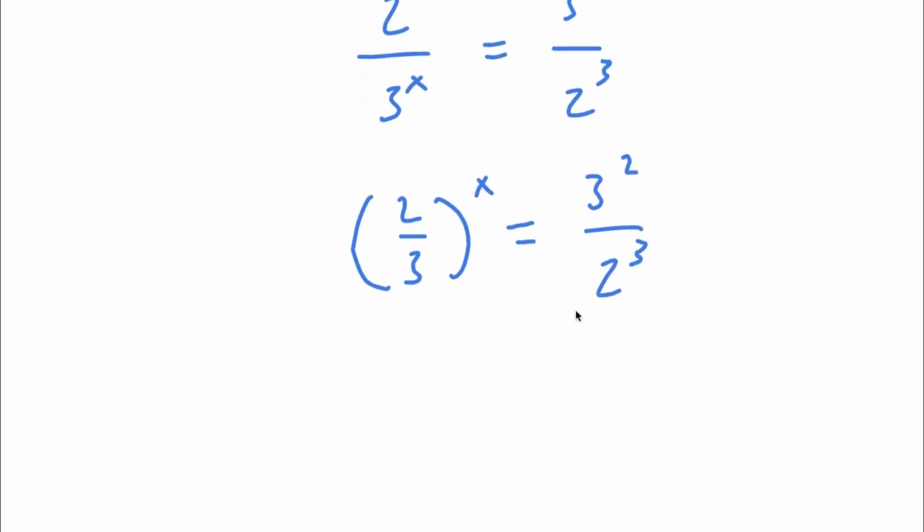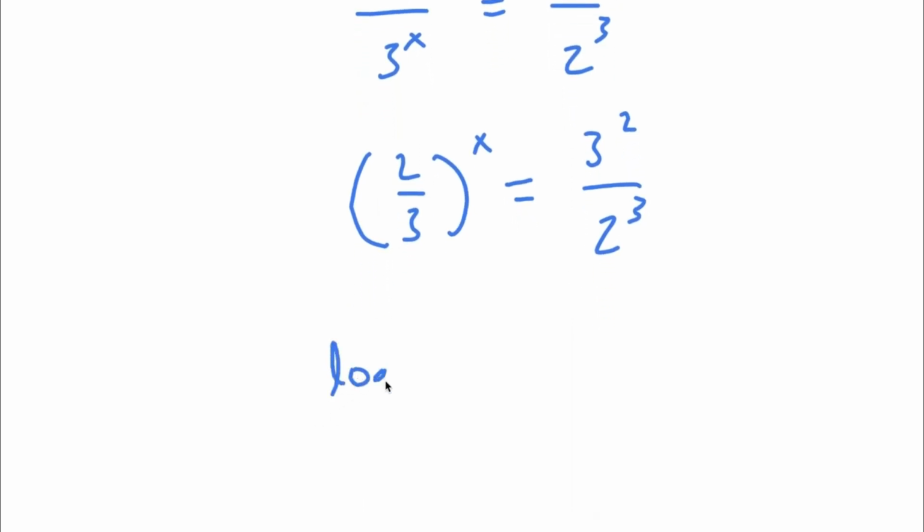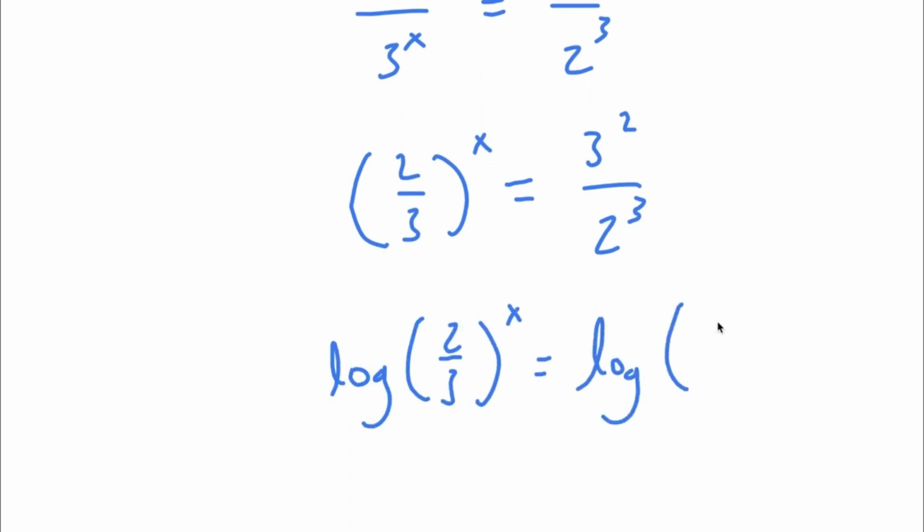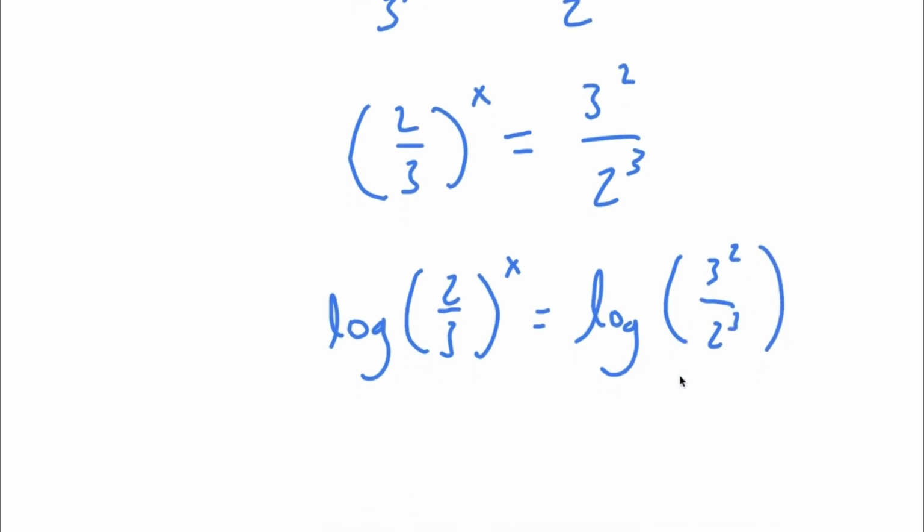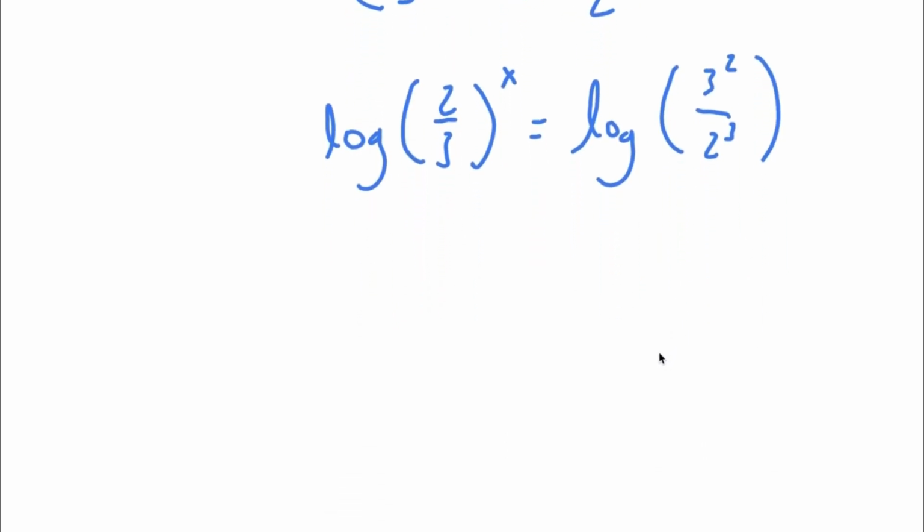And now if I take my log on both sides, I have log of 2 over 3 to the power of x is equal to log of 3 to the power of 2 over 2 to the power of 3. So now, I can actually move this x to the front, so this is going to equal x times log 2 over 3.